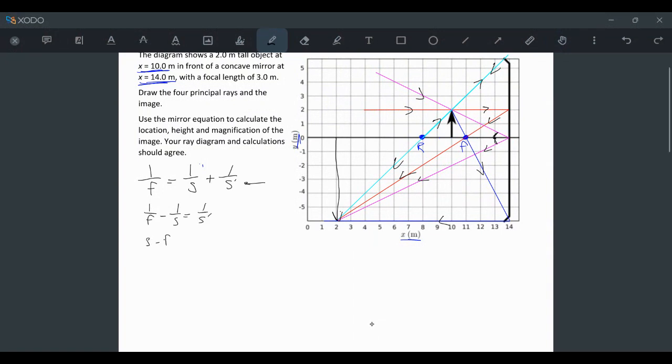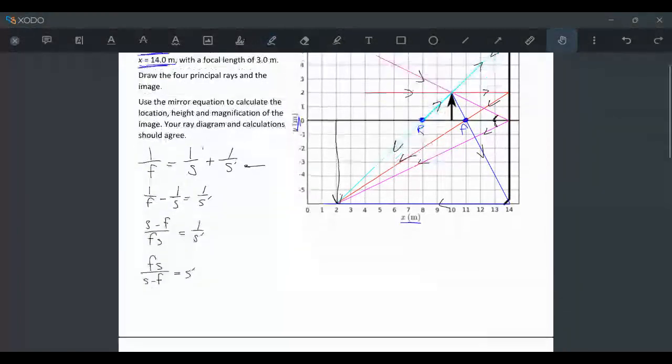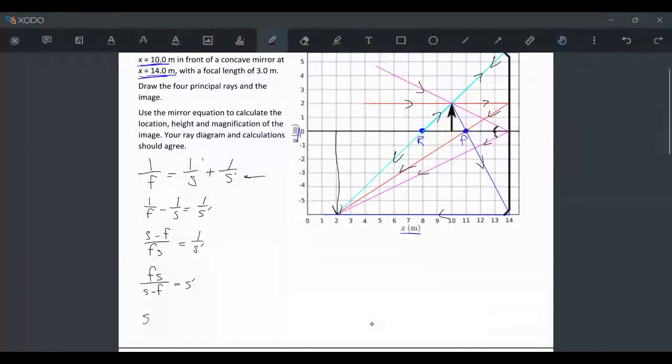We can cross multiply. That's how you want to think of it. Now we just have two fractions, and it is Fs over S minus F is equal to S prime. So now we're ready to plug some numbers in.